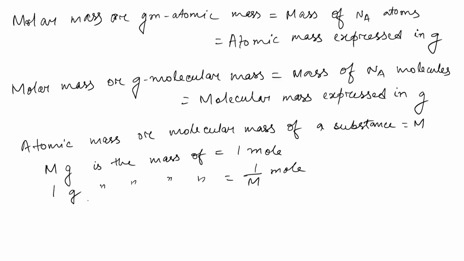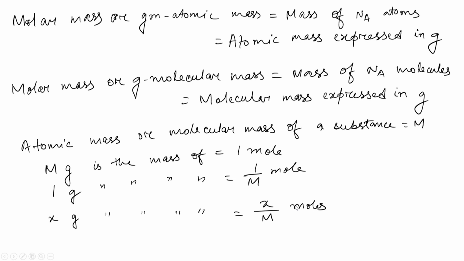For example, we are given a random weight of a substance. Let's say we have been given 10 grams of a substance or 20 grams of a substance, and we have to find the number of moles in it. How will we do that? Let's say we are given x grams of a sample. So, x gram is the mass of x by m moles by the unitary method.